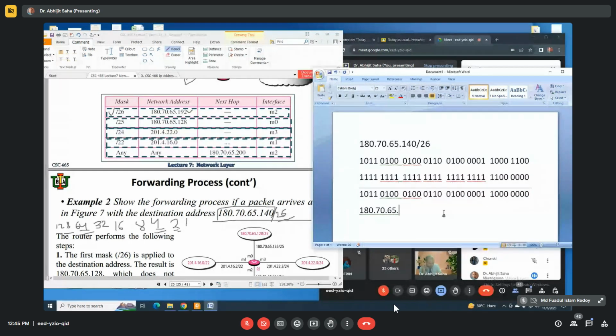So that means 128. So this is the network address you have found. After calculating that, you can now check that it is 180.70.65.128.